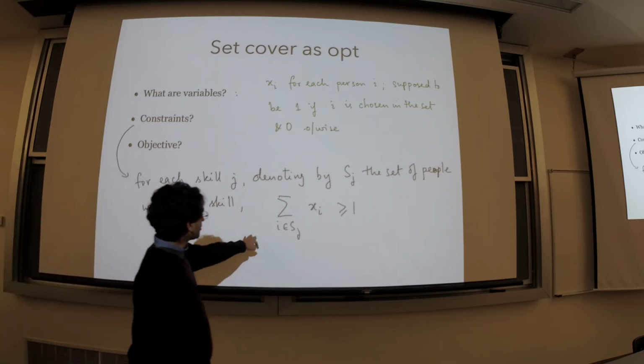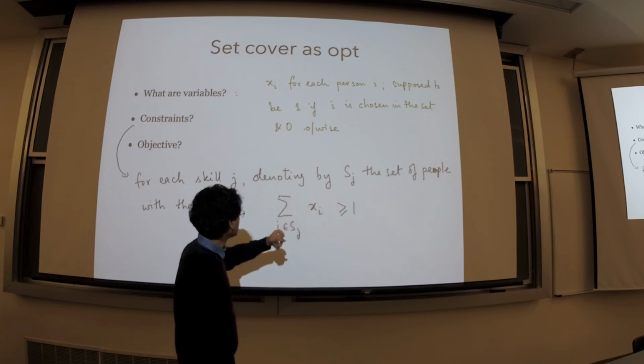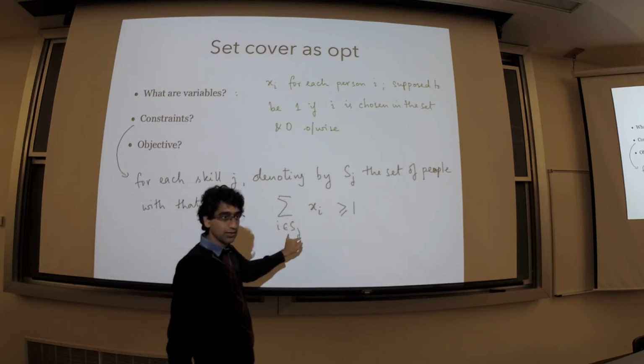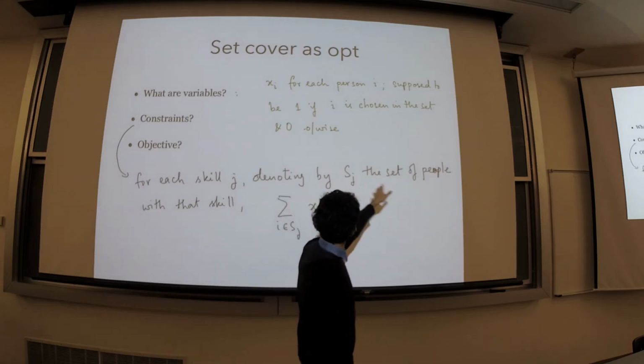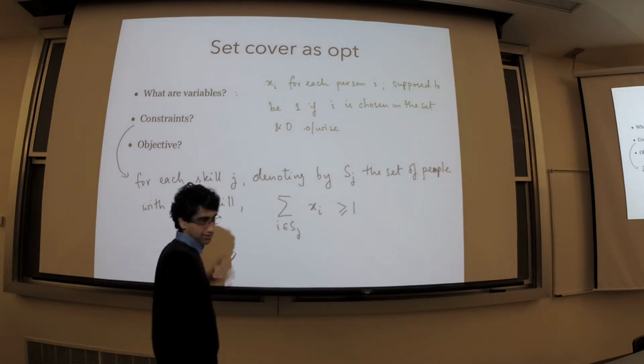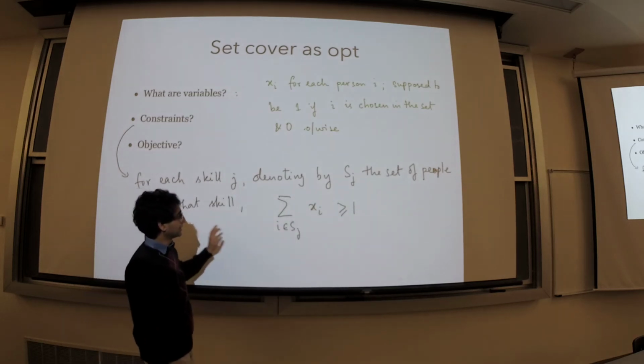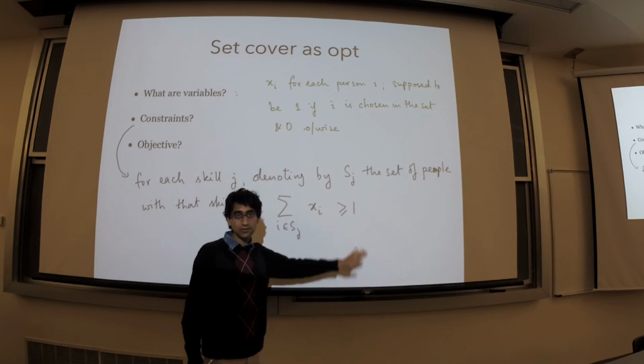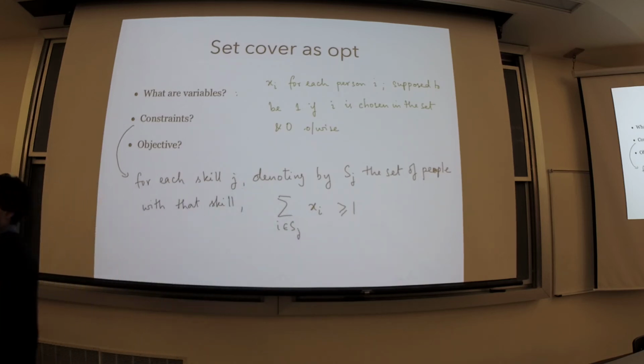Okay, so the sum over all people in this set Sj, defined as the set of people who possess skill j, must be at least 1. So you must have at least one person who has that skill.